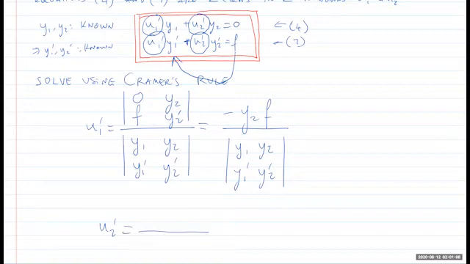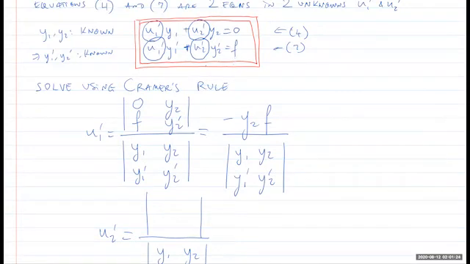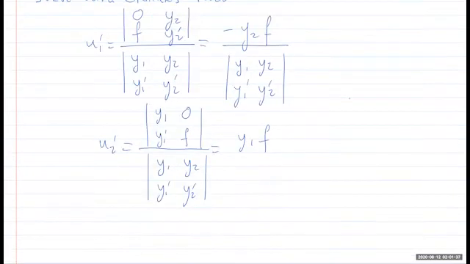Now for u2 prime, determinant divided by determinant. Same denominator. Numerator, I'm replacing this column. So I have y1, 0, y1 prime, f, which is equal to positive y1 times f on top divided by the same determinant in the bottom.